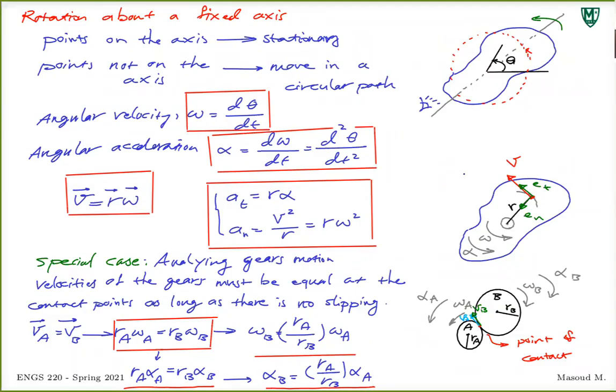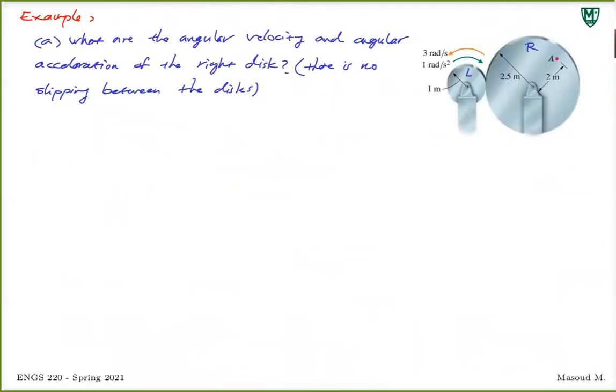As a result, let's just finish part A and then we'll look at part B. R_L omega_L is equal to R_R omega_R for the right disk.